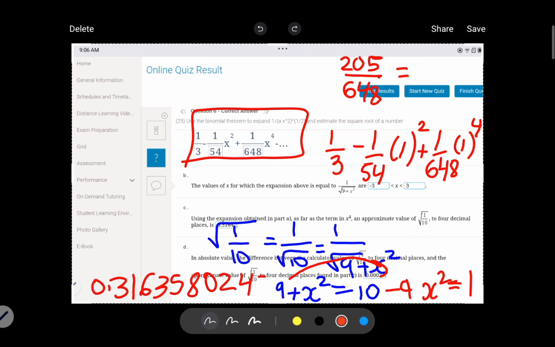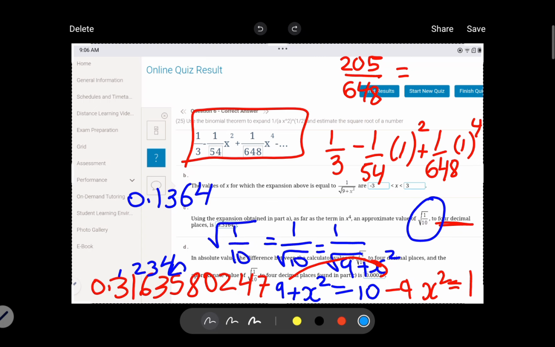They said they wanted 4 decimal places, so 4 places after the decimal. So 1, 2, 3, and 4, and then here we have to round, so 0.3164. By the way, when you do it here, you will get the estimated answer.